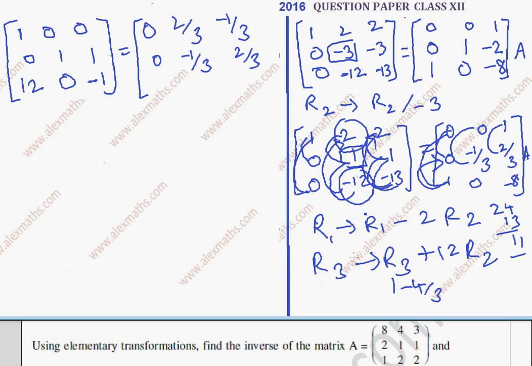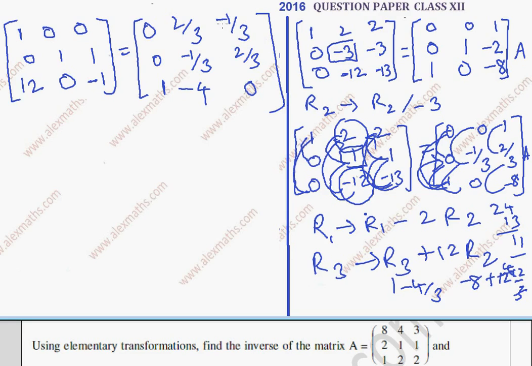Then coming to the other side, R3 plus 12 times of this will be 1. This plus 12 times of this will be minus 4 and minus 8 plus 12 times of 2 by 3. So this will be 4. So I am getting 0.